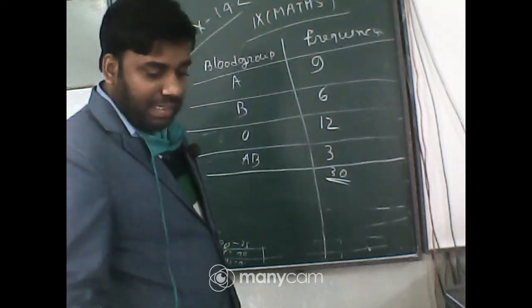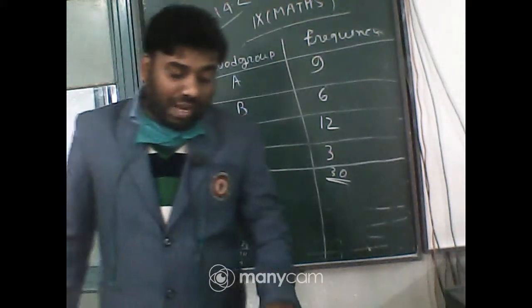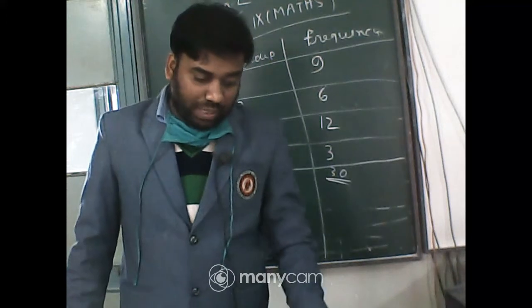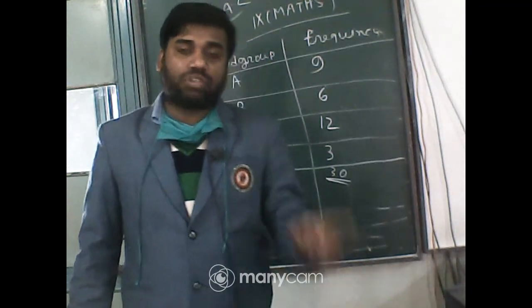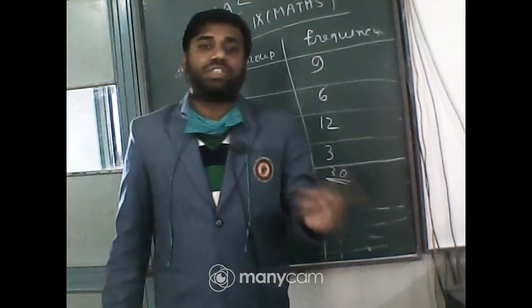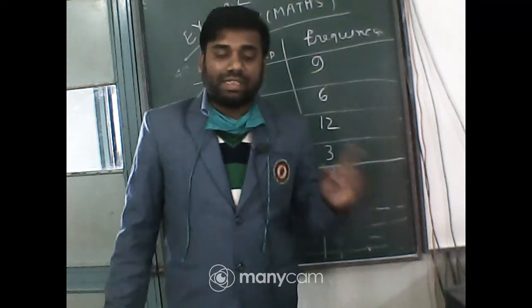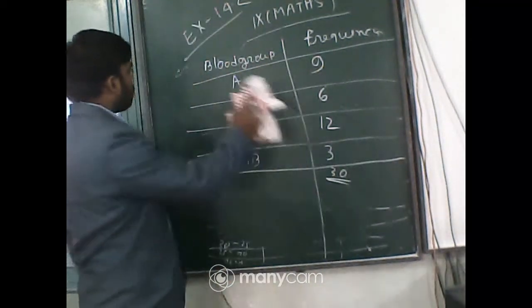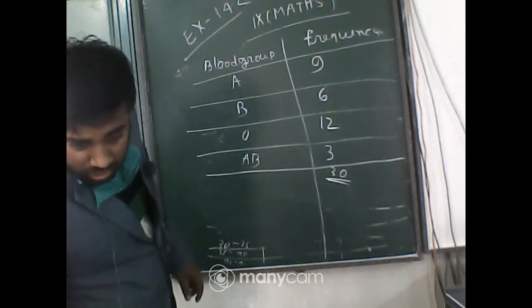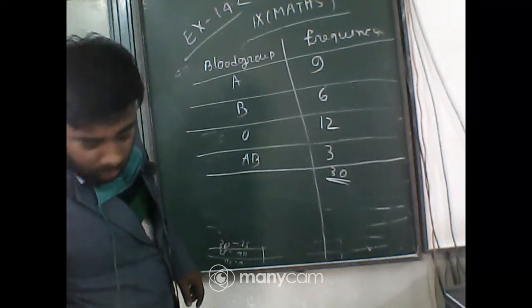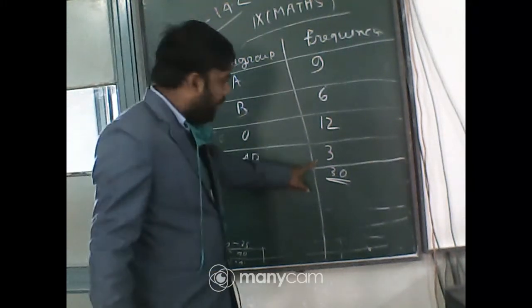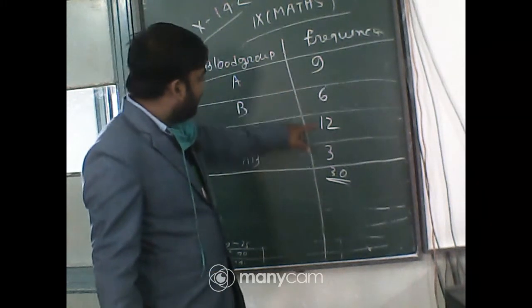It is mentioned that 5 is not included, so make the interval 0 to 5 but do not include 5 in it. So the rarest is AB and the most common is O.